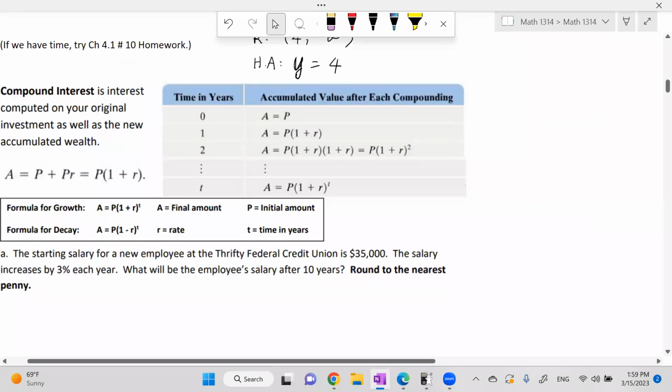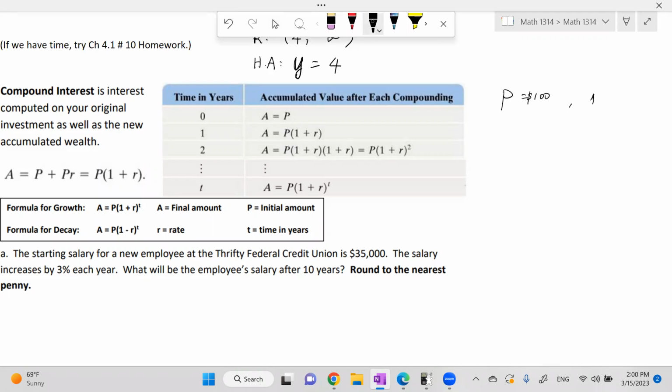For example, let P represent the initial amount, or principal. If I have $100 and go to the bank, and the bank says if you deposit $100, I will give you an interest rate of 1% per year.